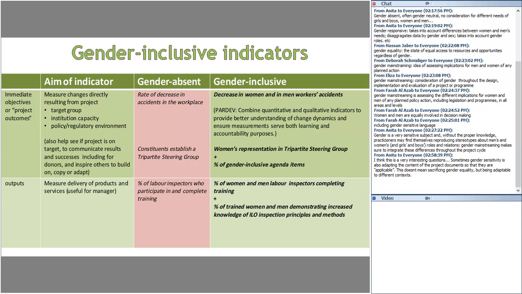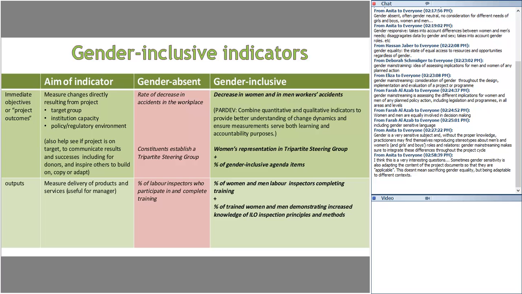Pardev reminds us that it's also helpful to see if a project is on target. You can use these as you're implementing the project. They're also quite handy for communicating results, successes and gaps to others, including donors, and inspiring others who might like to replicate or adapt the project for another context.